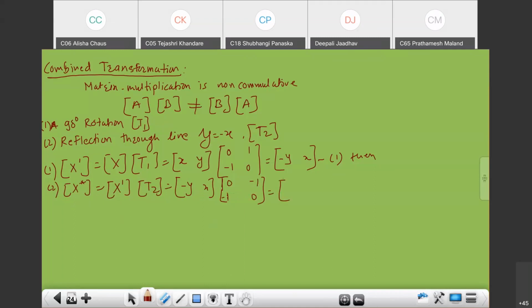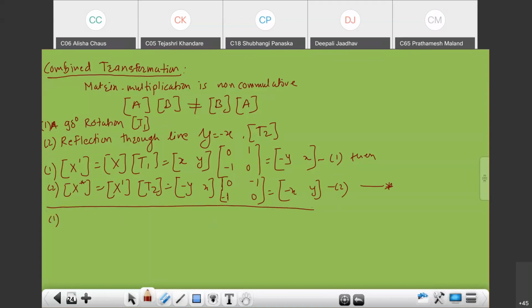Which is equal to minus x, y. So if we first perform rotation and then reflection on xy vector, then we get the final result as minus x and y. Now we are going to perform it in opposite way.